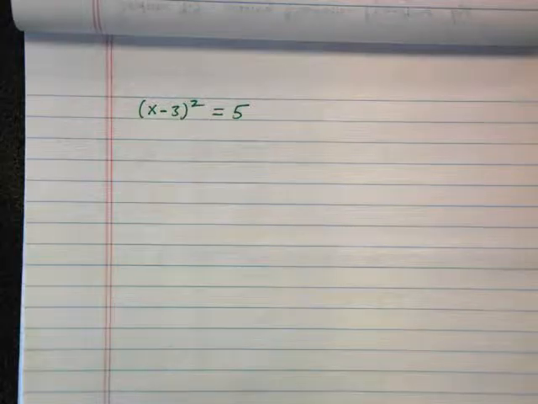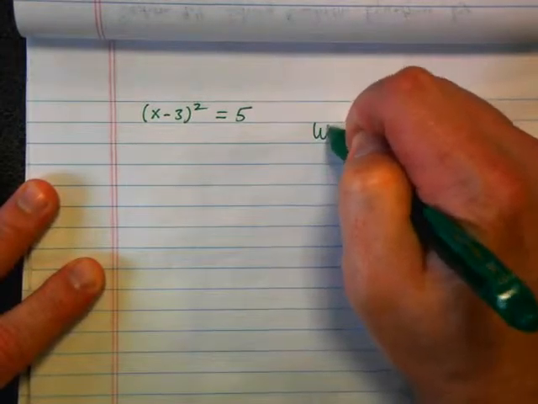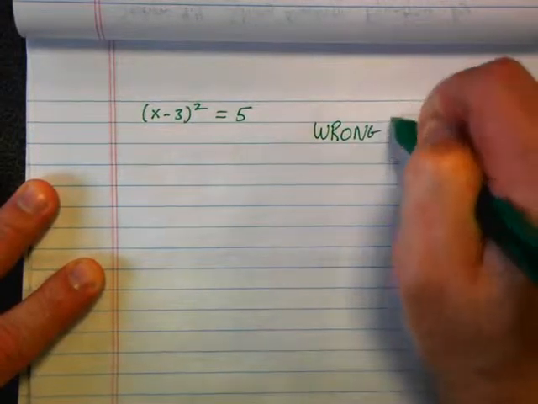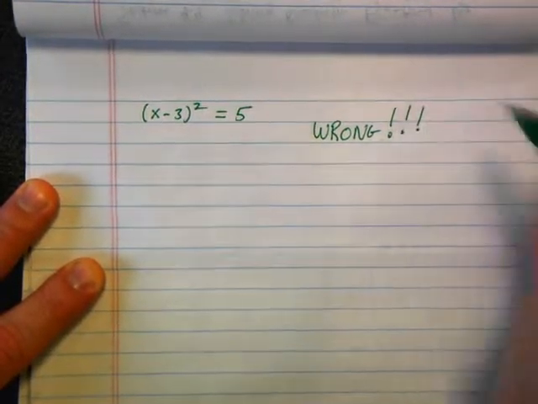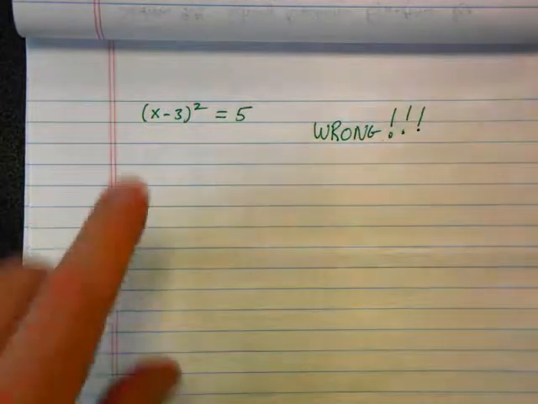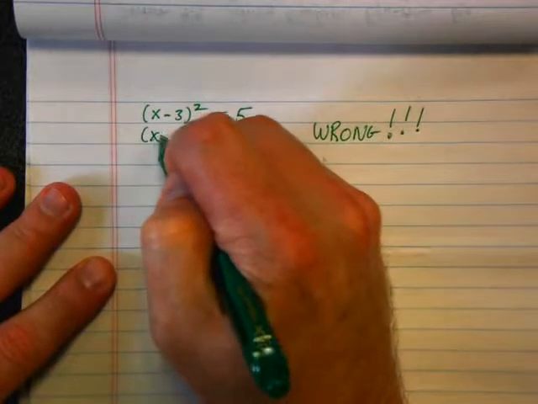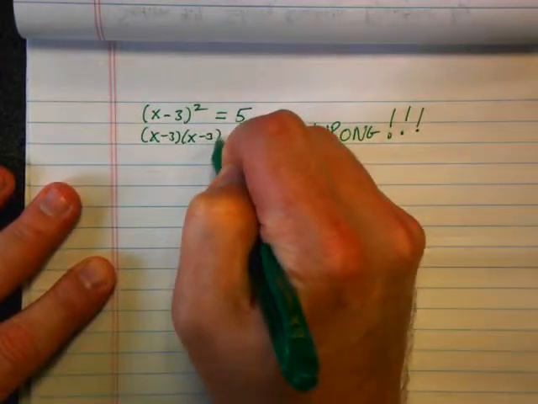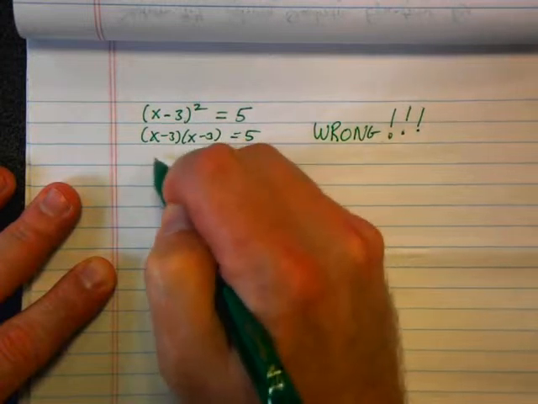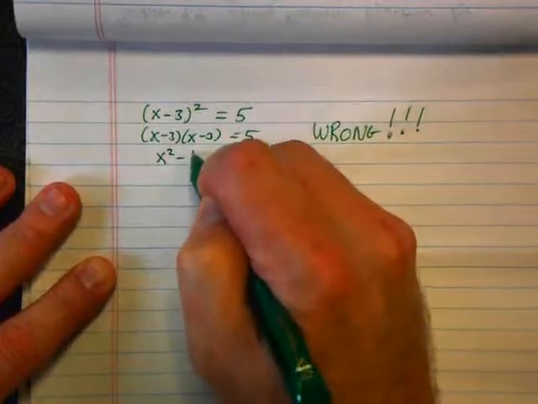Here's the wrong thing to do. We FOIL. If I FOIL, I have to take x minus 3 times x minus 3. And I FOIL that out, I'm going to get x squared minus 6x plus 9 equals 5.